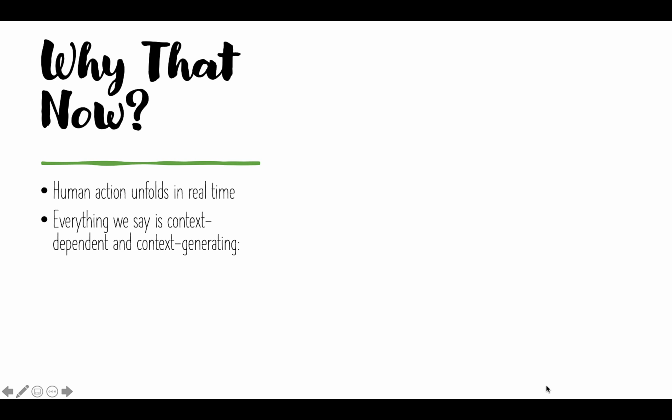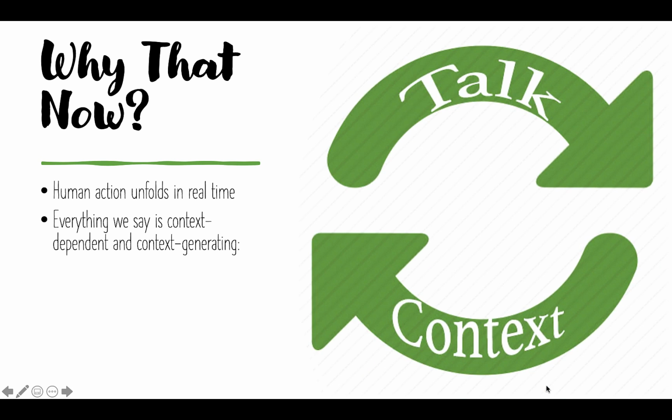The place, the time, the role of the participants, the background knowledge and beliefs they may or may not hold, their understanding of the cultural specifics of each event, and so on. And each utterance is both context-dependent and context-generating. Everything we say depends on what has been said before, where, by whom, to whom, and why.